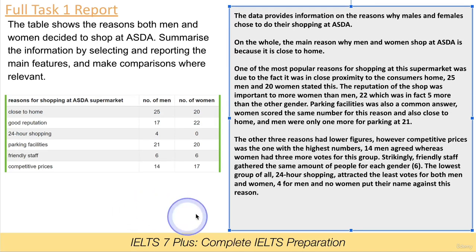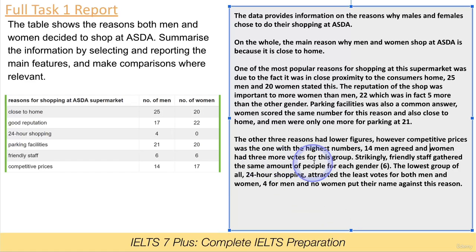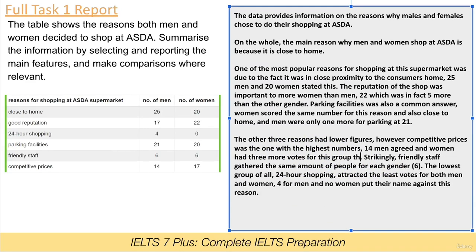Okay, let's read this back. The other 3 reasons had lower figures. However, competitive prices was the one with the highest numbers. 14 men agreed, whereas women had 3 more votes for this group. We could say 14 men agreed and women had 3 more votes for this group than men.